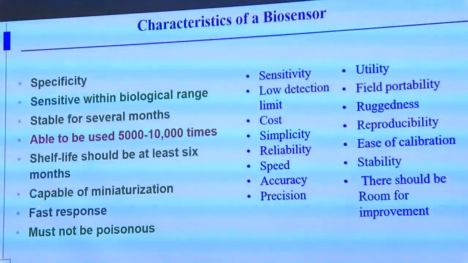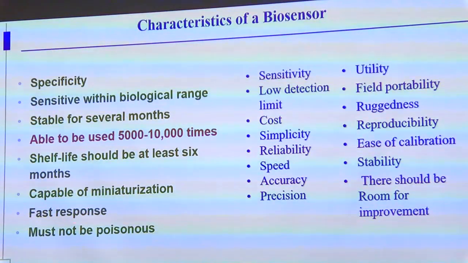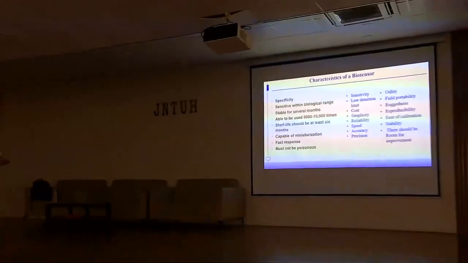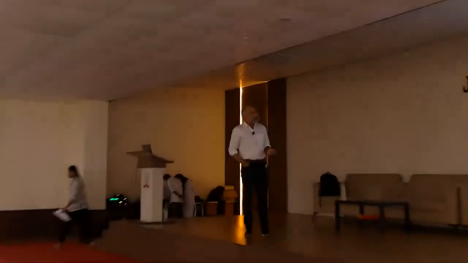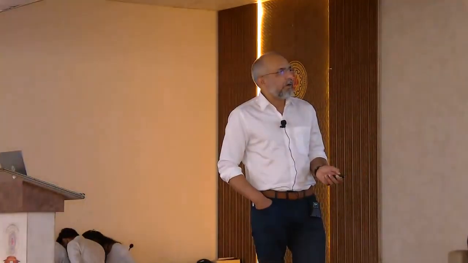And here, capable of miniaturization. Fast response is definitely very, very important here. And this is the primary condition: it should not be poisonous. Here are a couple of points like sensitivity, low detection limit, cost, simplicity, speed, accuracy. These are the points that we need to take care of when we develop or design a sensing device.